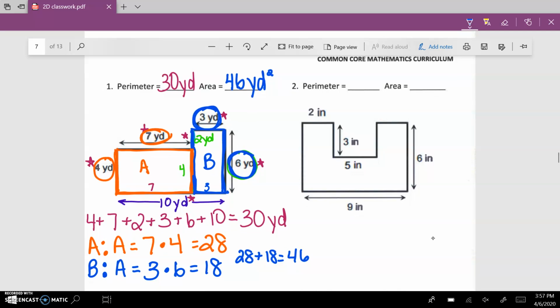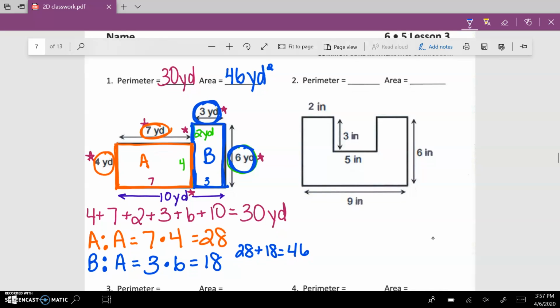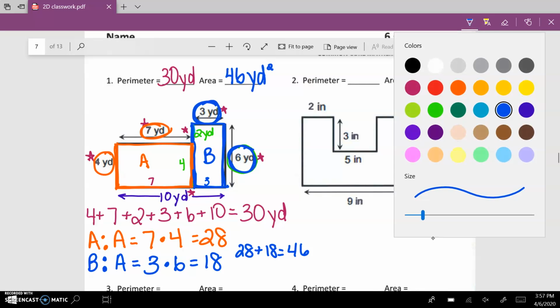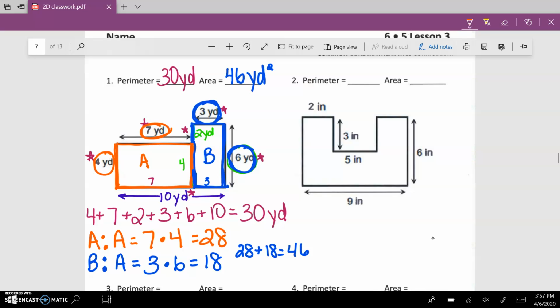Okay, I highly suggest maybe using some colors here as I walk you through the next ones. I'm not going to solve them for you, but I am going to split up the shapes for you to help you out with that. So in number 2 here, we've got this U-looking shape. The way I split it up will help you because it'll match the answer key.